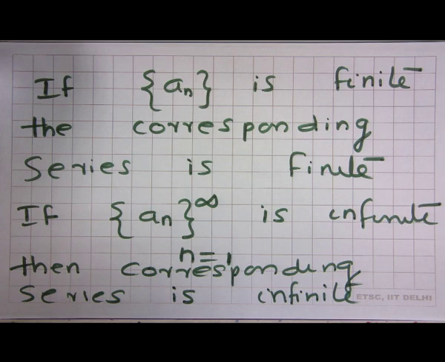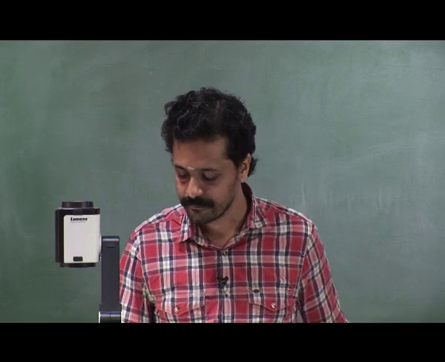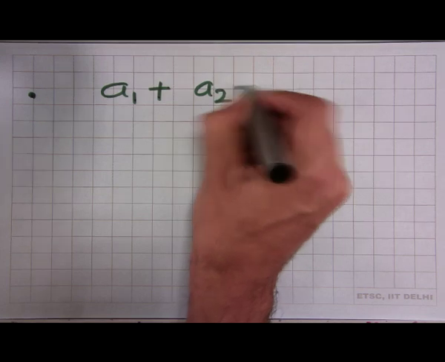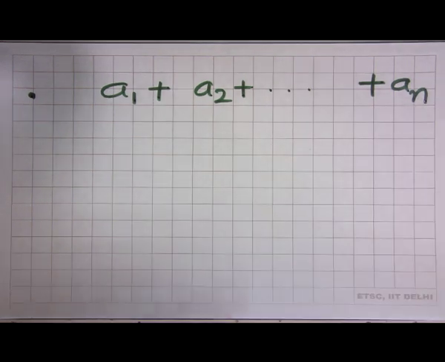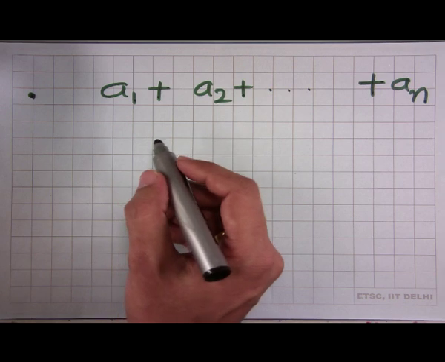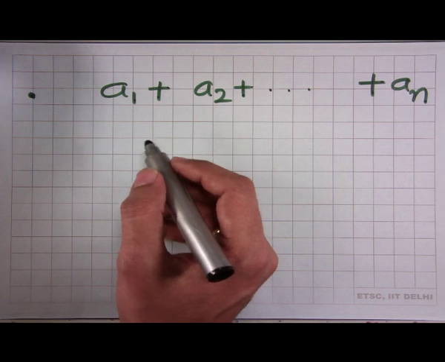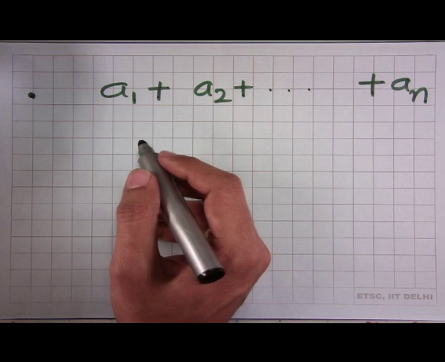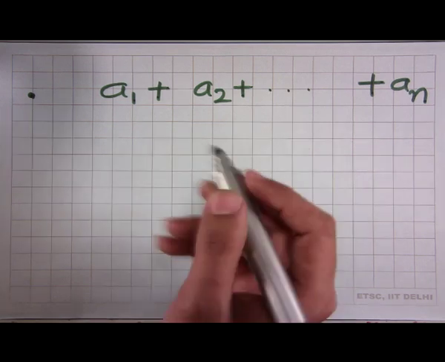Note that a finite series, which may look like a1 plus a2 plus etc. plus an, is just a sum of finitely many real values, hence it always represents a finite real number.